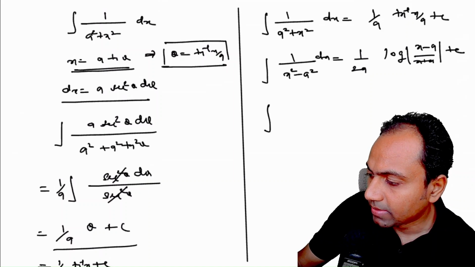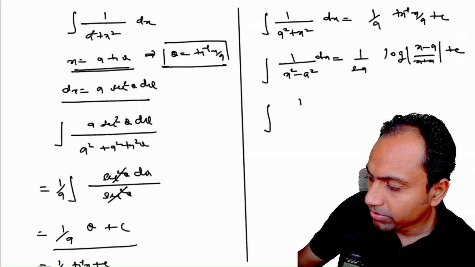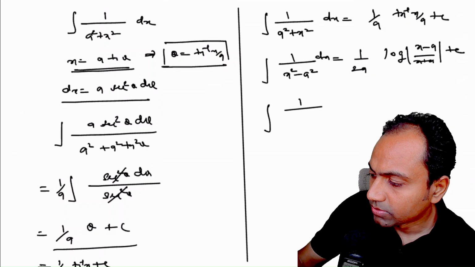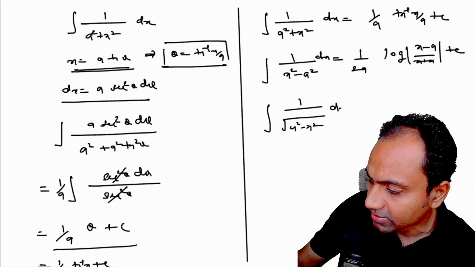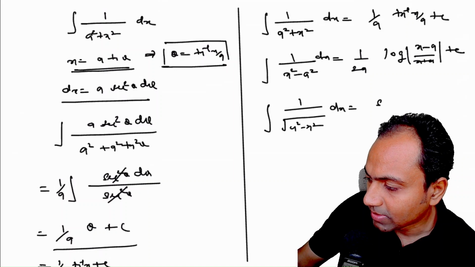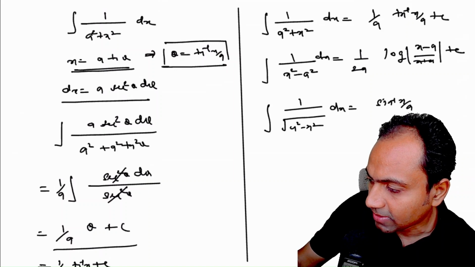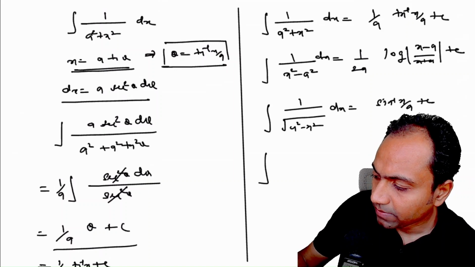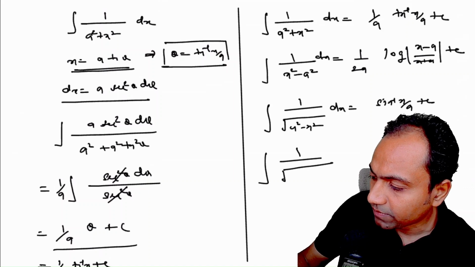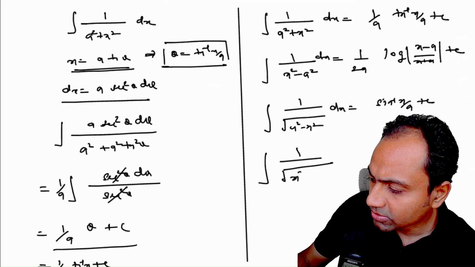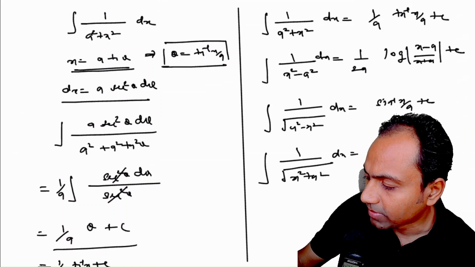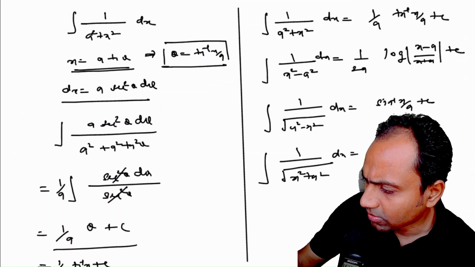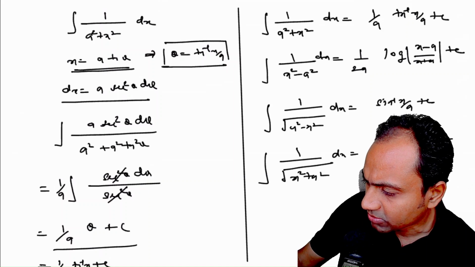Now if I go into the root part, for 1 by root of a square minus x square, the standard result works out to be sine inverse x by a plus c. We have 1 by root of x square plus a square dx, and it works out to be ln of x plus root of x square plus a square.